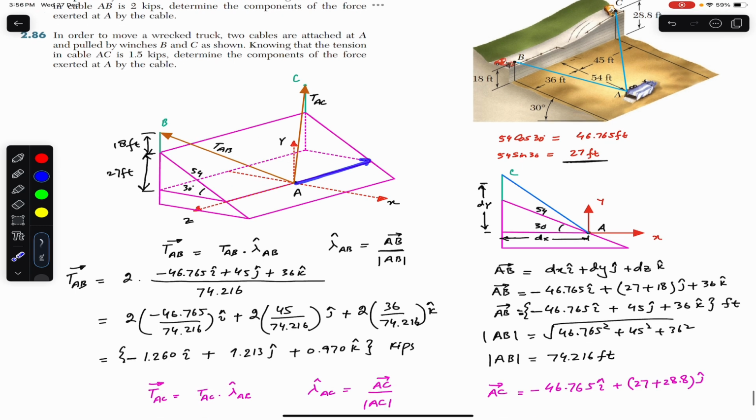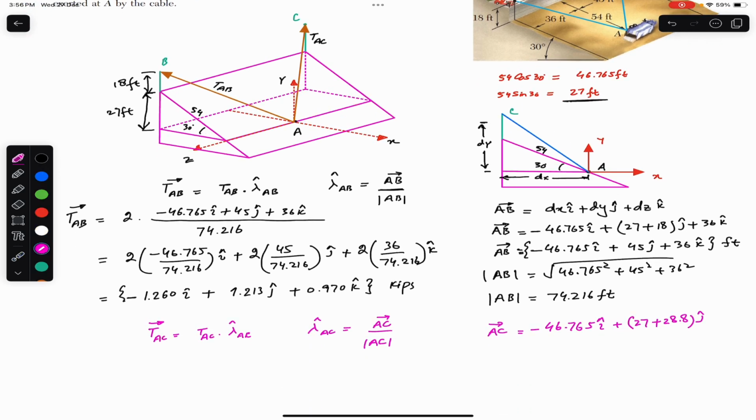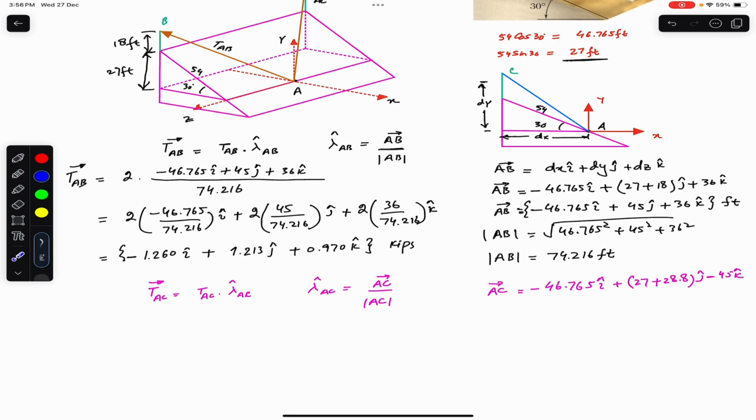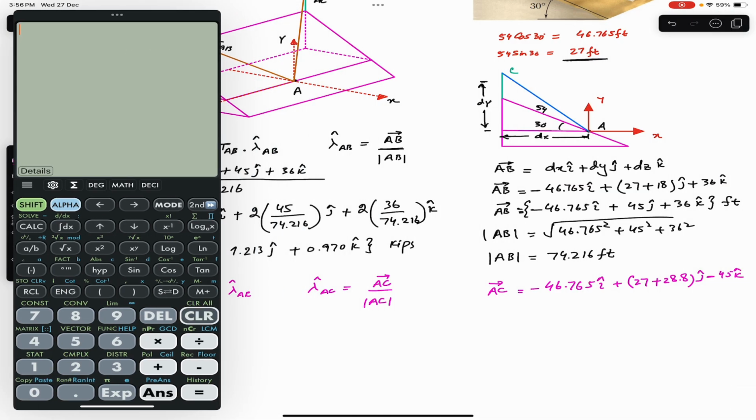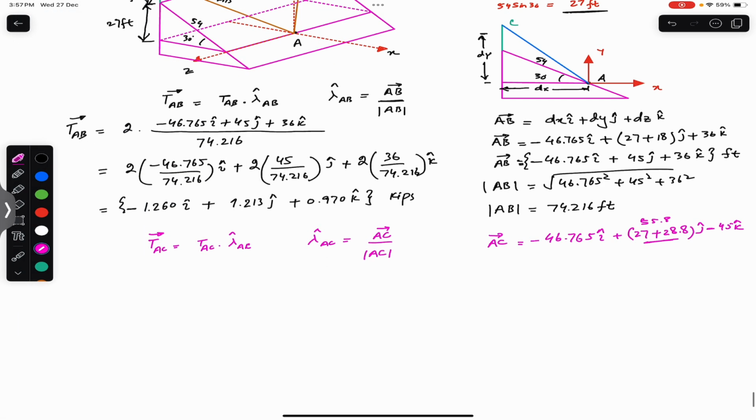So this is minus 45k, right? So now this is the position vector from A to C. We can simplify it. This will be 27 plus 28.8, so this is 55.8.